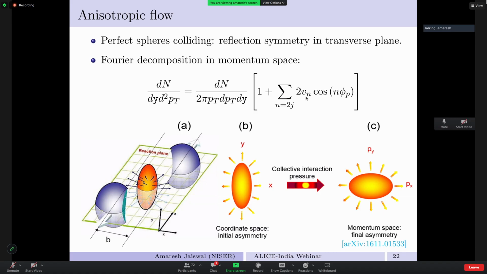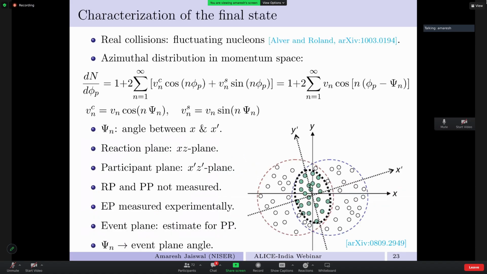However, the recent picture, not so recent anymore, by Alver and Roland in 2010, 14 years ago, says that real collisions have fluctuating nucleons inside the nucleus, and that leads to the generation of all the other harmonics that we missed. Now that the reflection symmetry about x and y is broken, we will also have sine terms, and also the odd terms in cos.